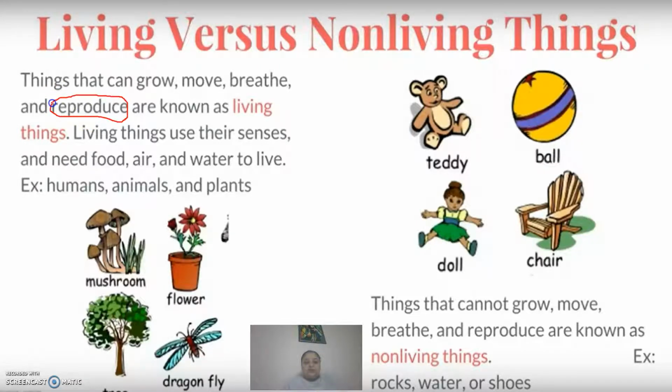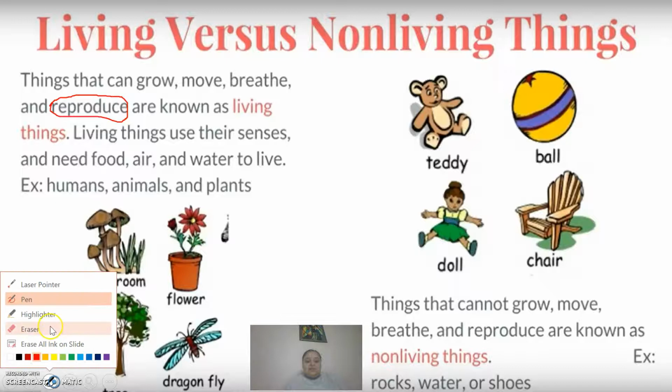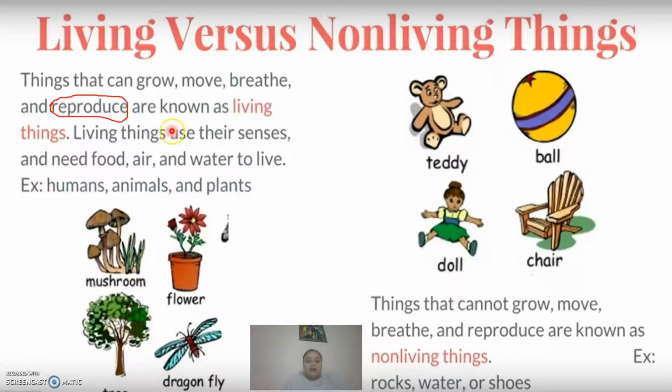Reproduce. Now what is reproduce? Reproduce means that when things give birth to young ones of their own kind, that is known as reproduce. So all the living things, they reproduce and give birth to their young ones, and that is why they are known as living things.